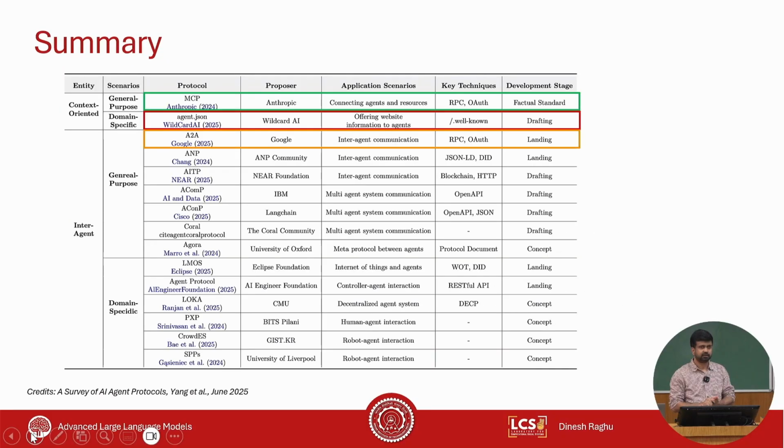Okay, so to summarize, we saw 3 protocols. One was MCP, which was context-oriented and general purpose, and it is a well-accepted standard that everybody uses. And then we saw A2A, which currently has its first draft done and people are testing it. It looks reasonable. There are a lot of agent-to-agent general purpose protocols, like, see, there are already 3 here.